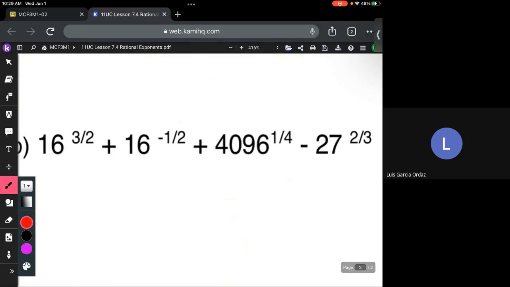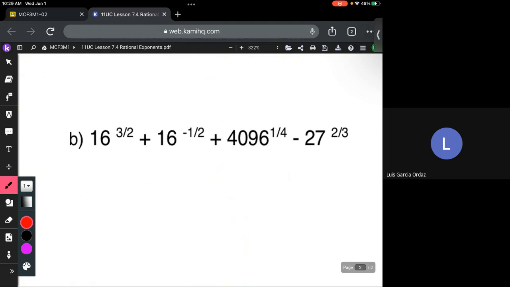So we have 16 to the power of 3 over 2 plus 16 to the power of negative 1 over 2 plus 4096 to the power of 1 over 4 minus 27 to the power of 2 over 3.